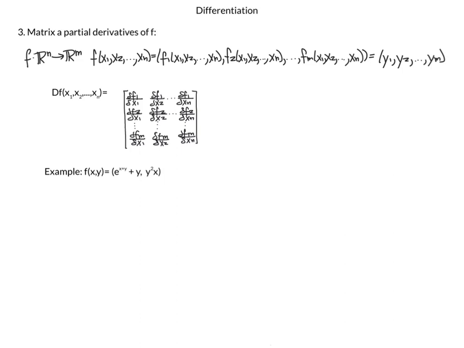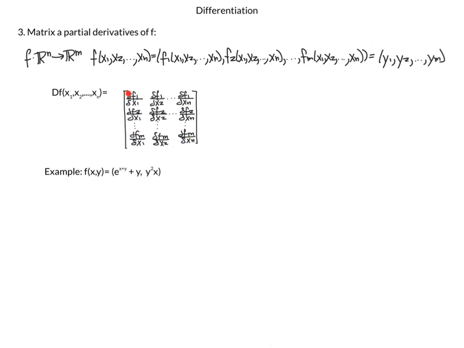So what we can do is produce a matrix of partial derivatives, which is exactly what it sounds like. It's a matrix that shows all the partial derivatives associated with this function. The first line is all the partial derivatives of f1, the first coordinate. The second line is all the partial derivatives of f2. And the mth line is all the partial derivatives of fm.